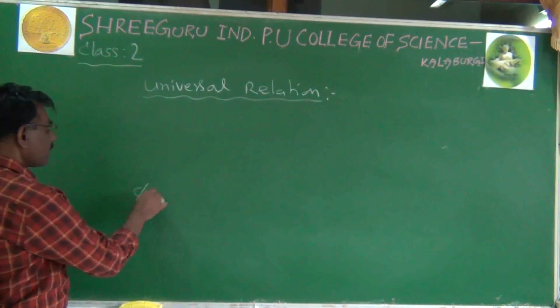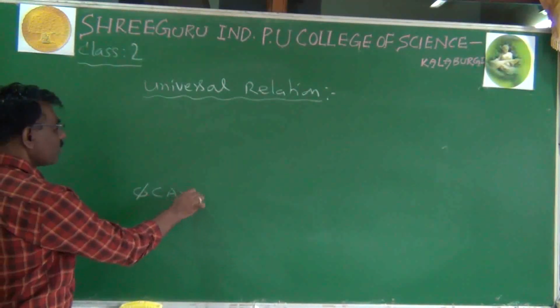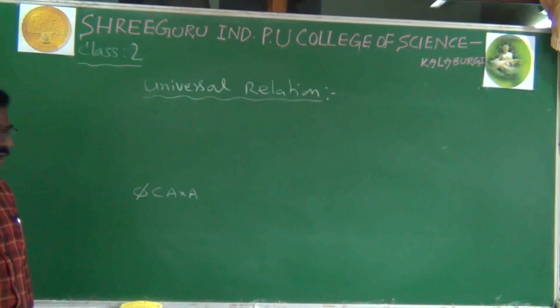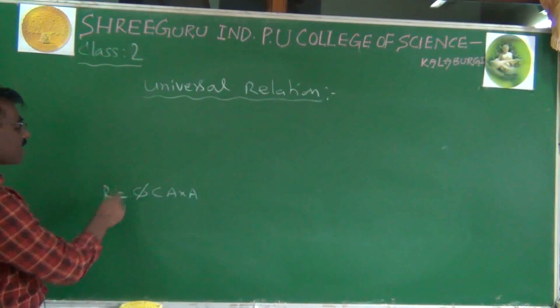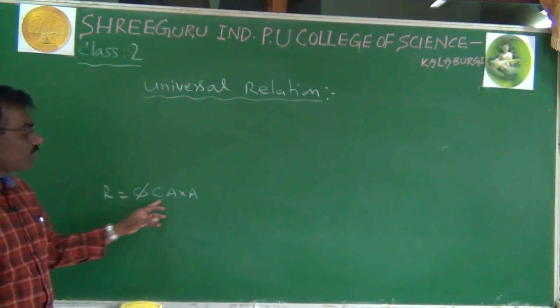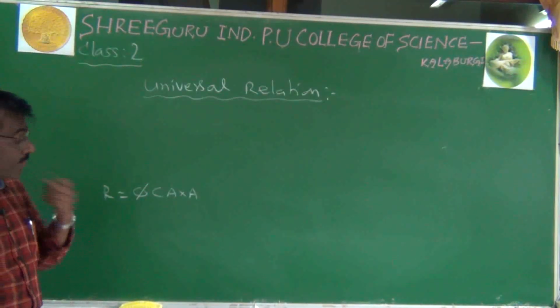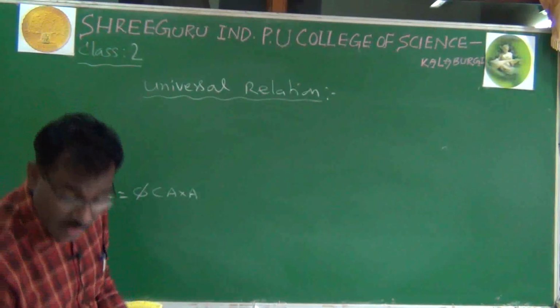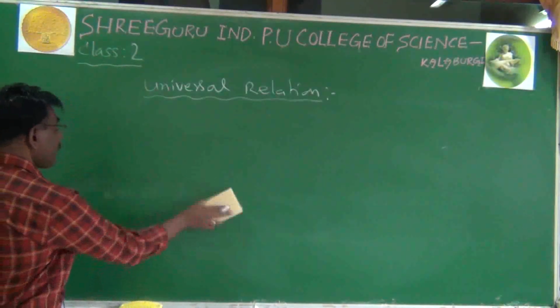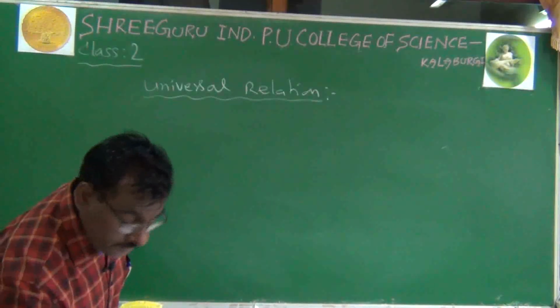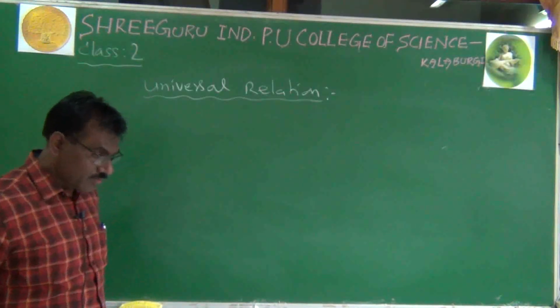Empty is also a subset of A cross A. R is equal to empty, R is an empty subset of A cross A. R is empty, is called empty relation. So it must be a subset of A cross A. Now it is universal relation.